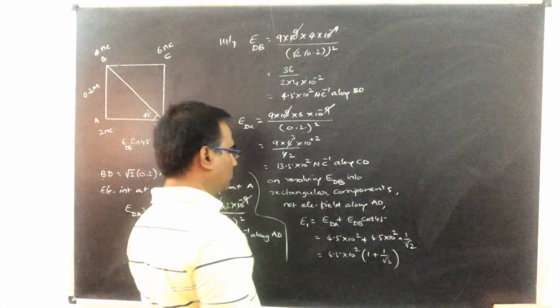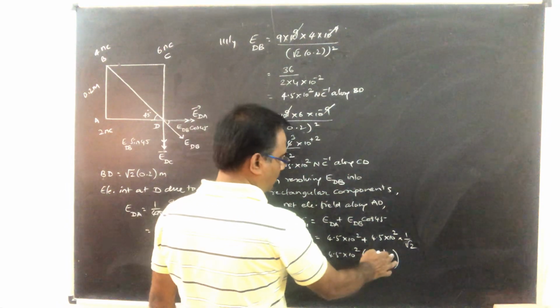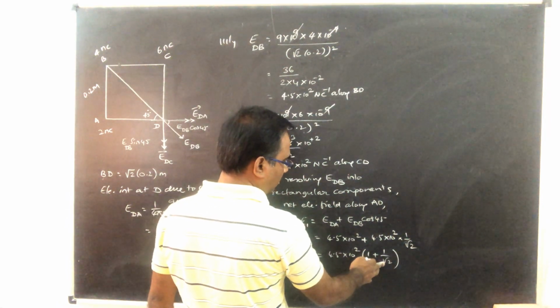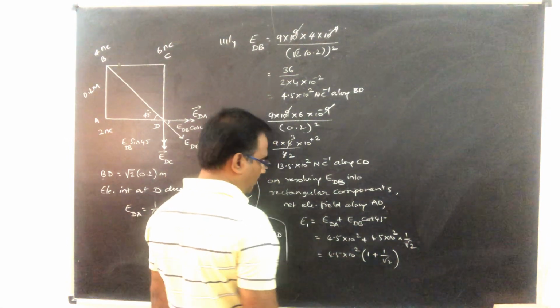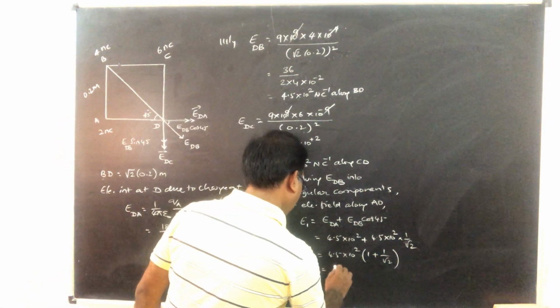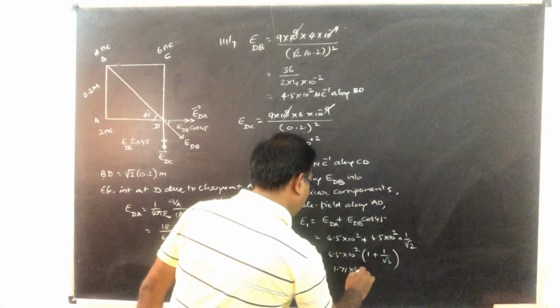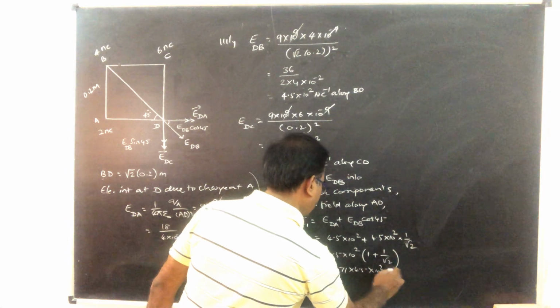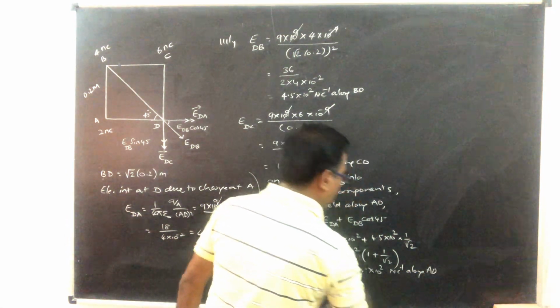One plus 1 by root 2, you will get 1.71, because this is 0.707. That means 1.71 into 4.5. So you find this value.